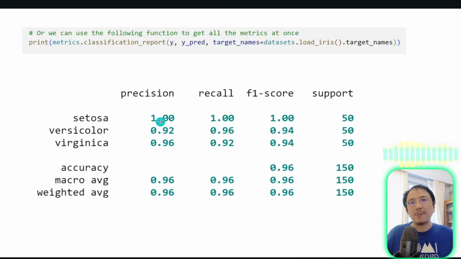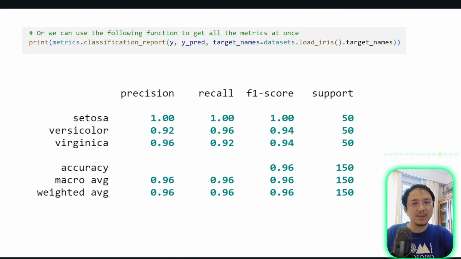So what is precision? Precision means how accurate is your prediction. Among all the positive predictions, how many of them are correct?